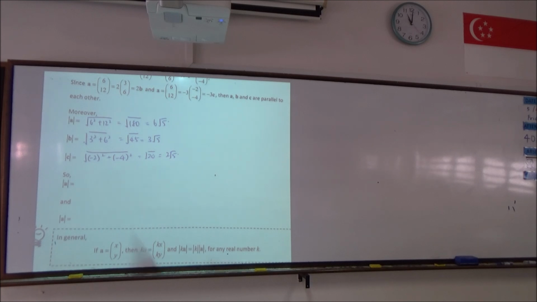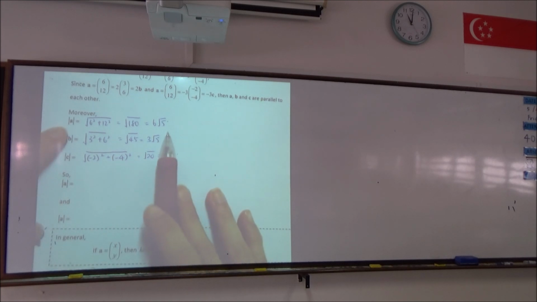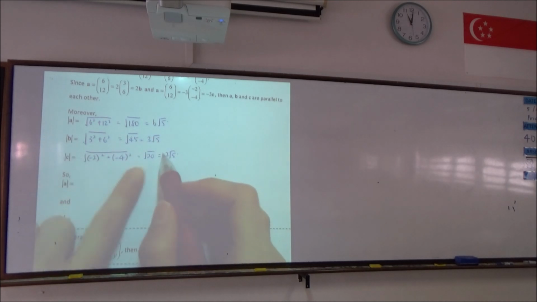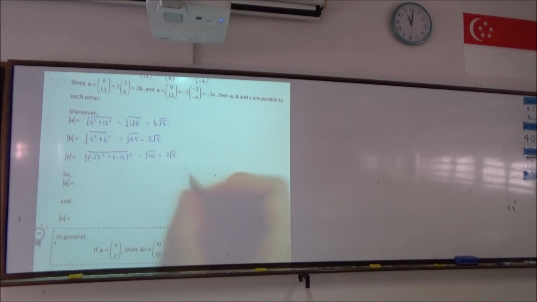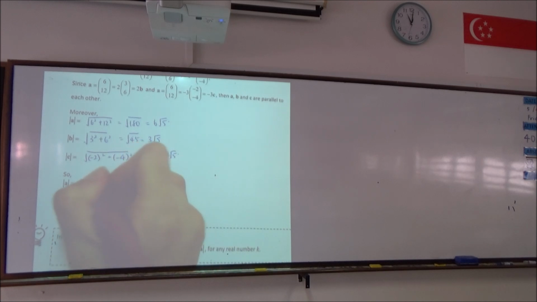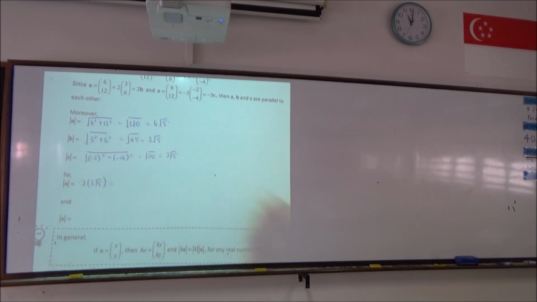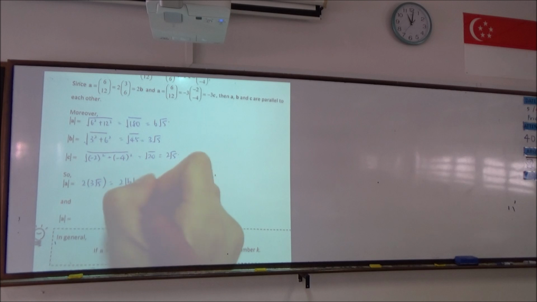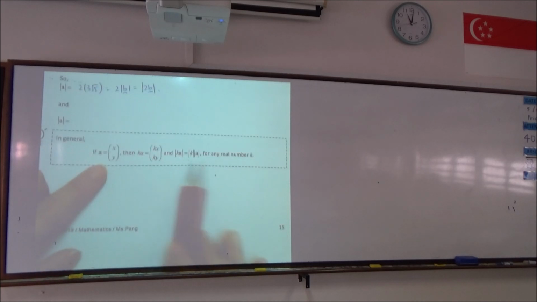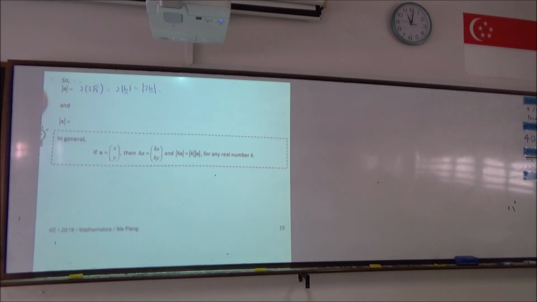So in this case, looking at the magnitude of A to be 6 square root 5, 6 square root 5 is actually 2 times 3 square root 5. And 3 square root 5, we know that is the modulus of B. So we can definitely write it in this manner, and this is also consistent with our modulus.